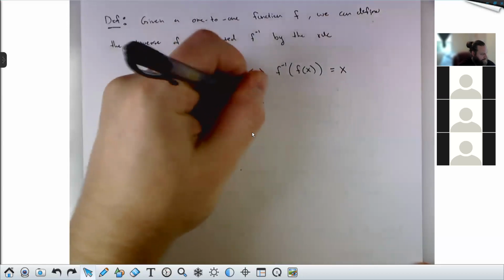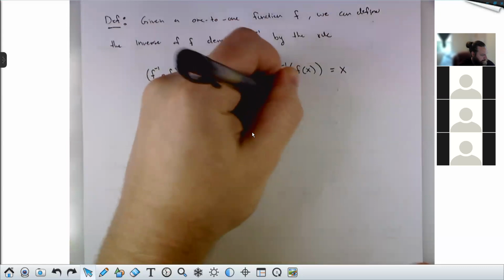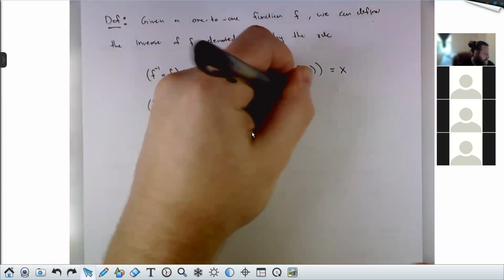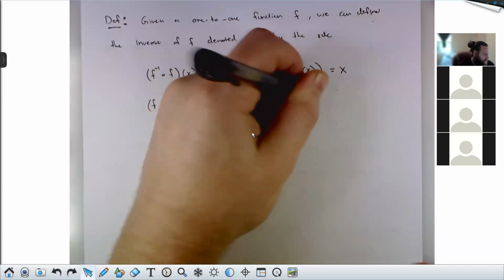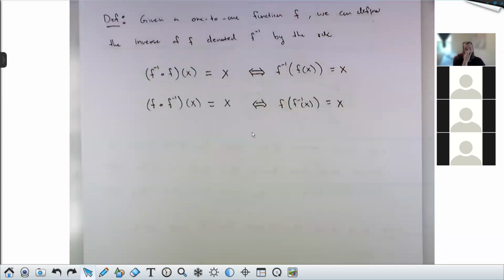And same thing down here. If you write down the circle thing as the parentheses thing, this would say f of f inverse of x should just be x.